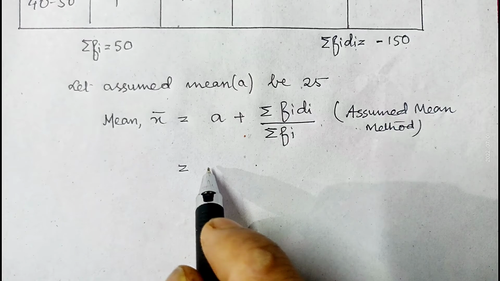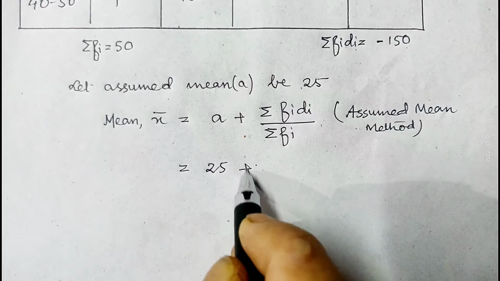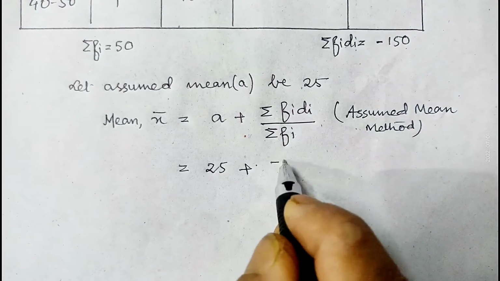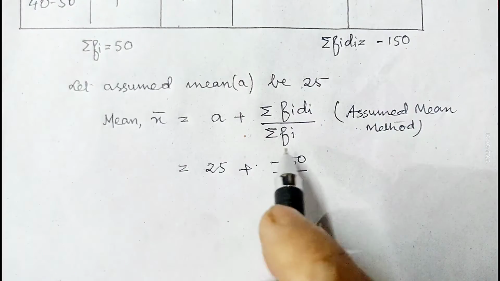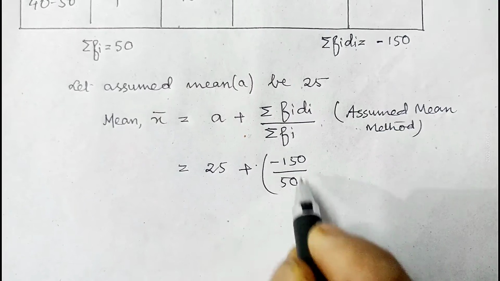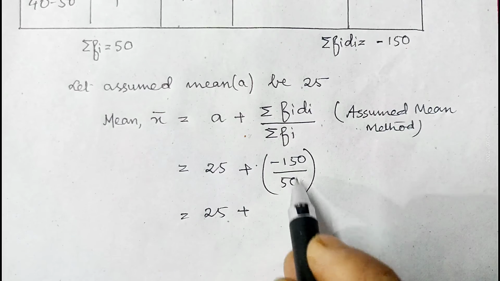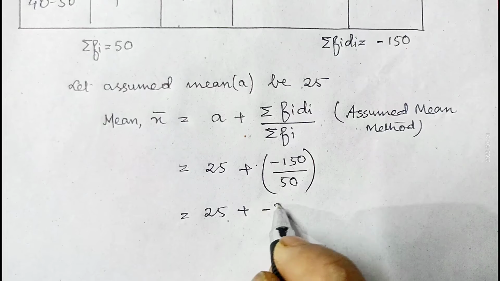Now here we have considered 25 to be the assume mean, so here it will be 25 plus summation fi di, we got minus 150, here it will be minus 150, and summation of fi we got 50, so here it will be 50. Now 25 plus 150 divided by 50, it will give 3. Since minus is there, we should write minus 3.